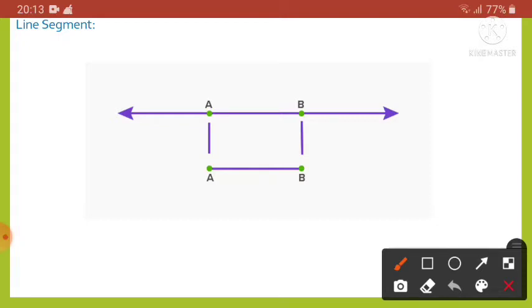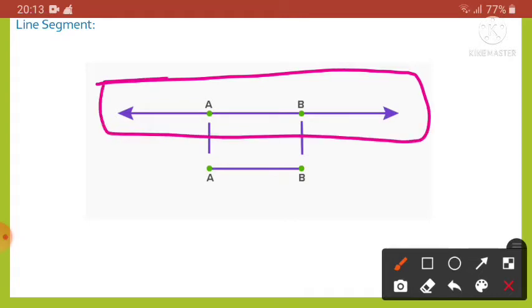Now it is line segment. A line segment is a part of a line which has two definite endpoints. Here AB is the line, it can extend in both directions, but if we take this segment, it is known as the line segment.